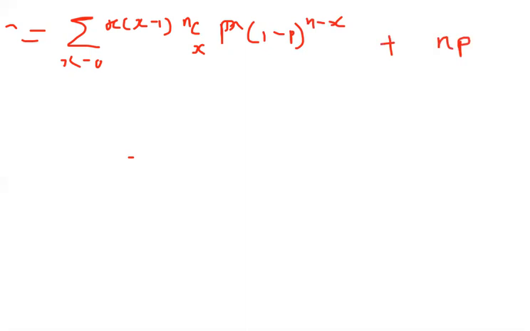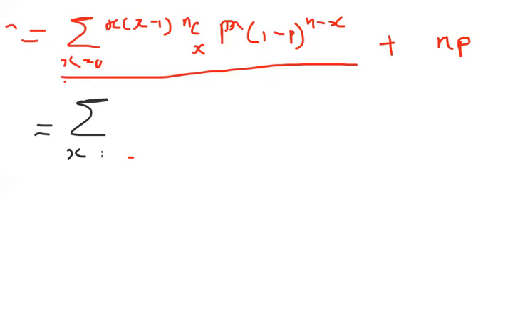So let's focus on only this expression here. Great. So I will say that this part is the same as summation of X equals 0 up to n, then X into bracket X minus 1.